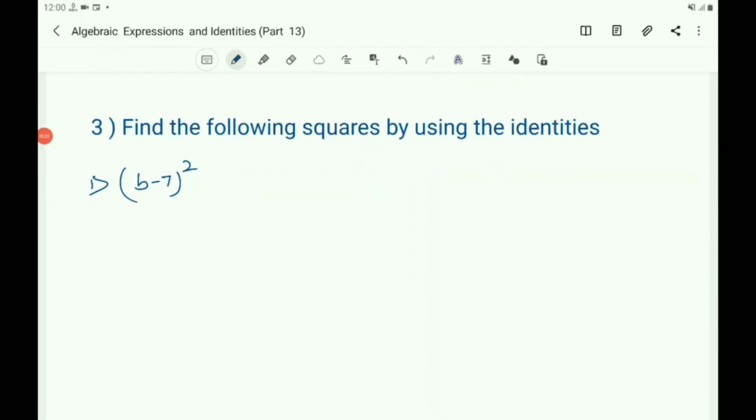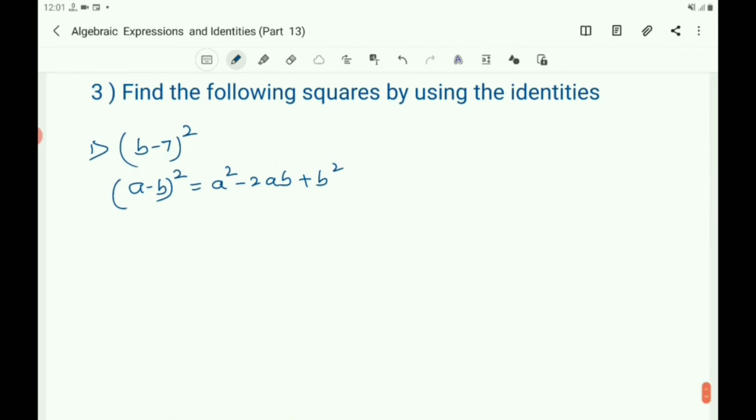Now the third main, find the following squares by using the identities. The first one is b minus 7 whole square. This is in the form of a minus b whole square. So you can use the identity a minus b whole square equals a square minus 2ab plus b square. Then you write b minus 7 whole square. In the place of a, b is there.